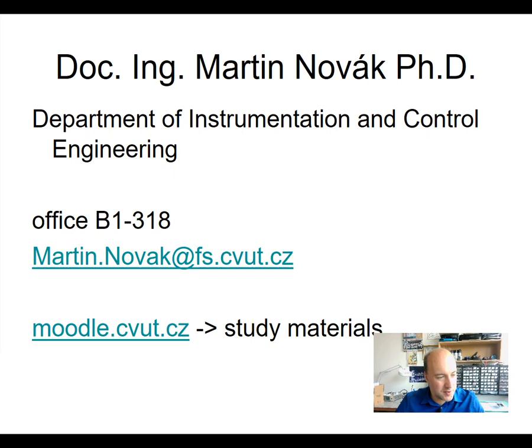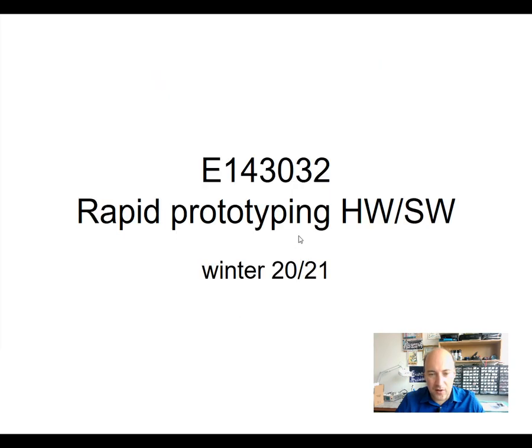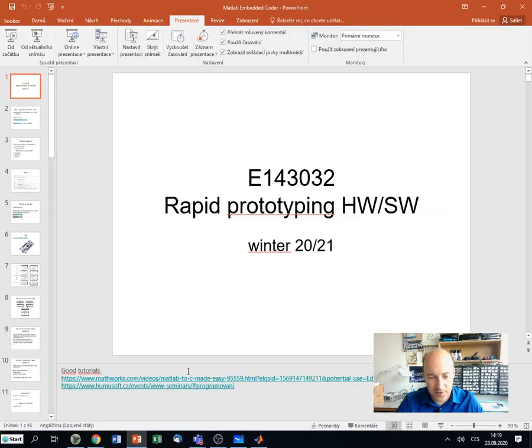As far as for the study materials, you can access them in Moodle. So please check if you can actually see the study materials and if you can get into the class. The code of this subject is shown here, and I will also show you the Moodle site. How does it look like?